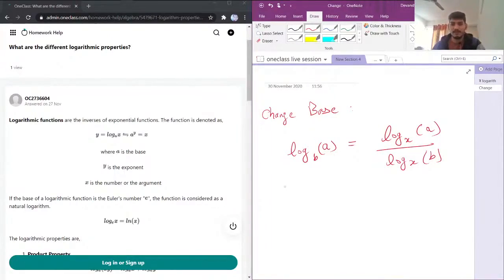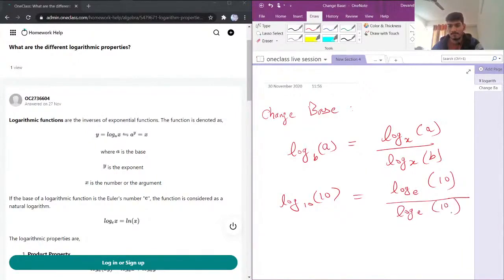Like if I have, say, log of 10 with base 10, and I want this in the natural log, I can write ln 10 over ln 10, and this will just cancel and I will get 1.